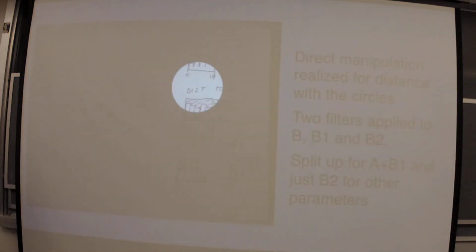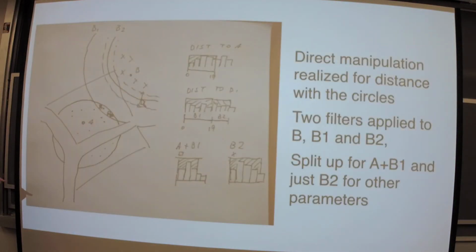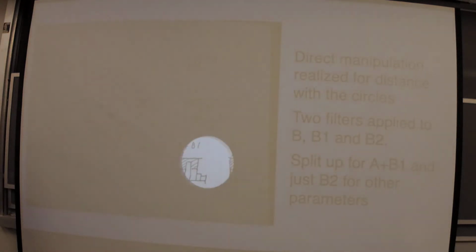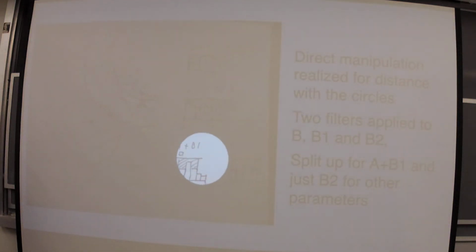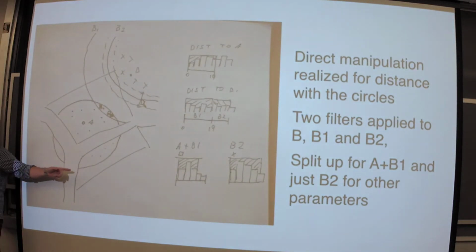So here I have a distance to A, and then I have a distance to B, and I have B1 and B2, and then I split up the price selector here on A plus B1 and just B2. I'm not sure whether this would be an interface that people would really get. I think this is the hardest part about it, right? But I think the other two things are obvious improvements. Any comments about this before we move on?